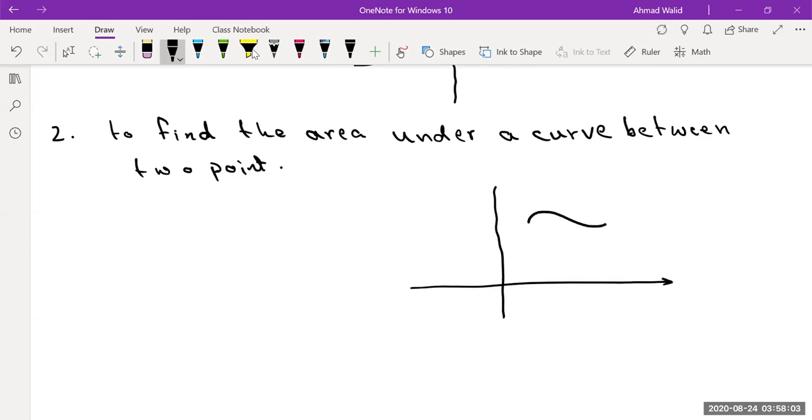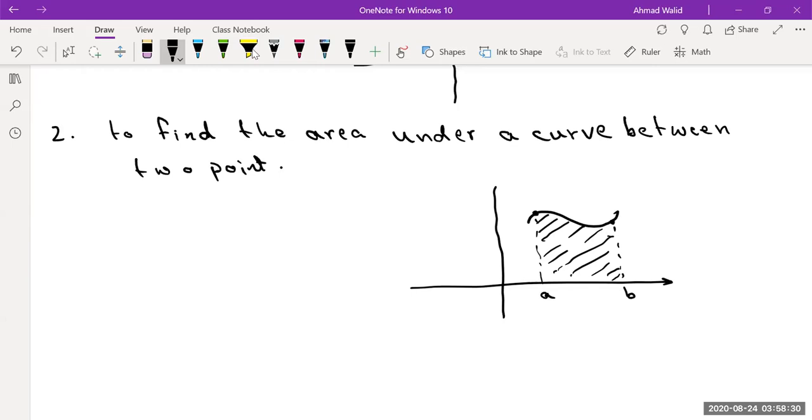For example, you have this curve and you select 2 points on the curve, point A and point B. The second goal of calculus, or calculus gives you the power to calculate this area under the curve. How much is this area? With algebra, it's impossible.